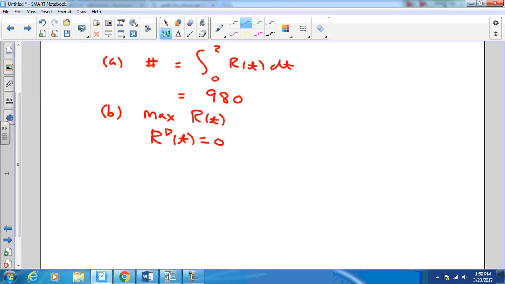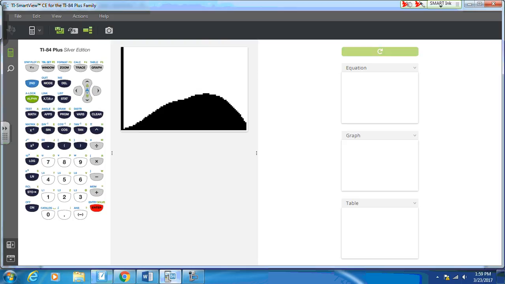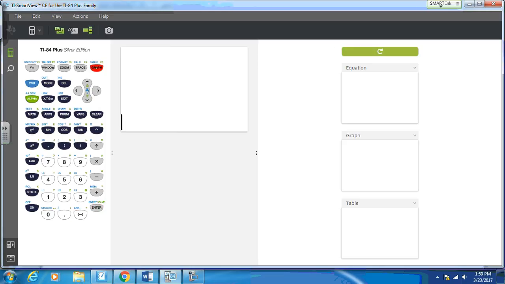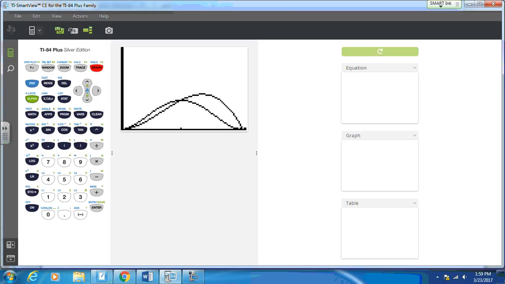Now, this is kind of an interesting thing, and I want to talk about this a little bit. This is a graph of r(t). Let me change the window size just a little so that the integral will go away. So here comes r(t). That's the w prime from the other one.